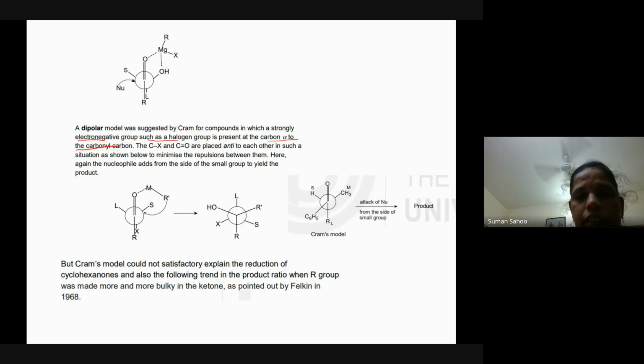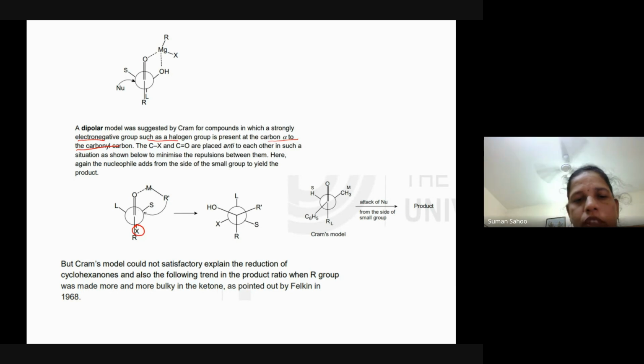In that case, your large group will not remain here. Rather, your electronegative group will be present opposite to the carbonyl group. So again the preferred attack of your nucleophile will be from that side where you have smaller groups.